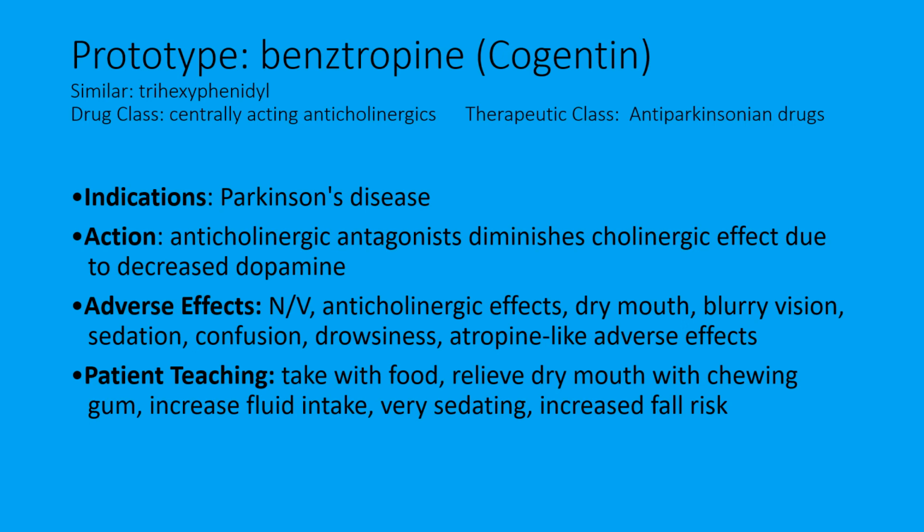So, just think of those when you hear the word anticholinergic. Okay? Blurry vision, dry mouth, sedation, constipation, urinary retention are some of the very common ones. So you can imagine that can make it difficult for older patients to take because of those anticholinergic side effects.